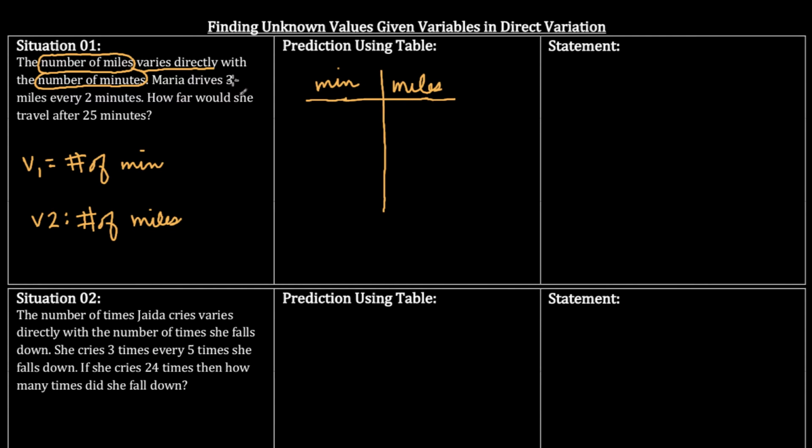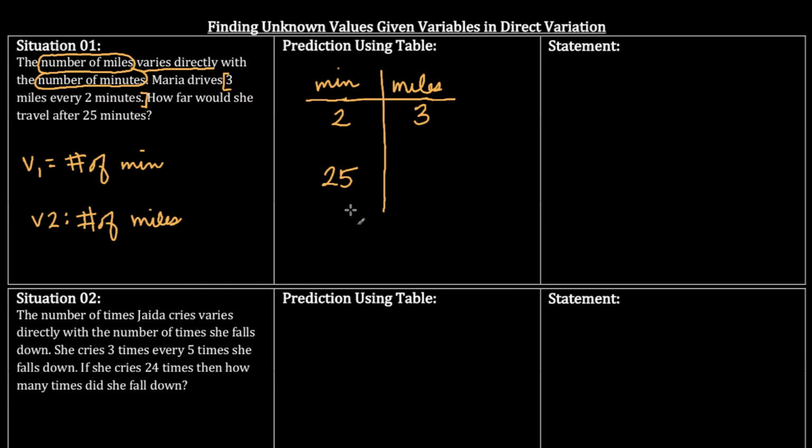It says Maria drives 3 miles every 2 minutes. And it says, how far will she travel? So how many miles in 25 minutes?